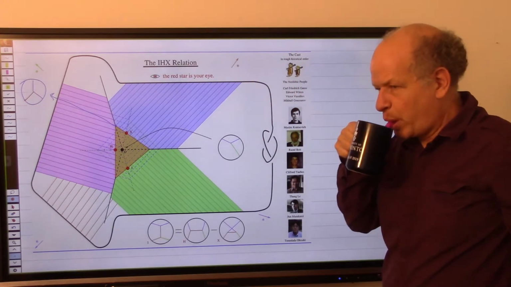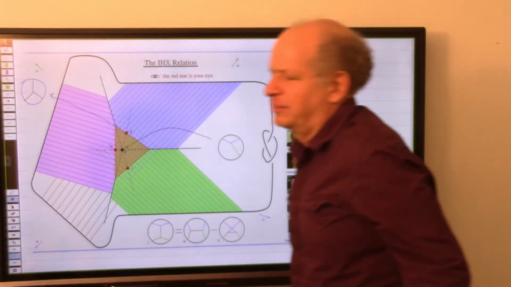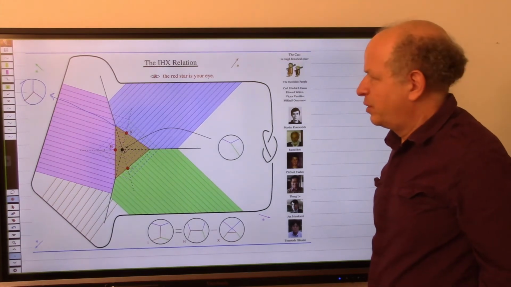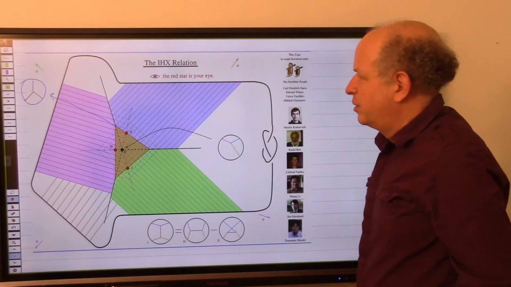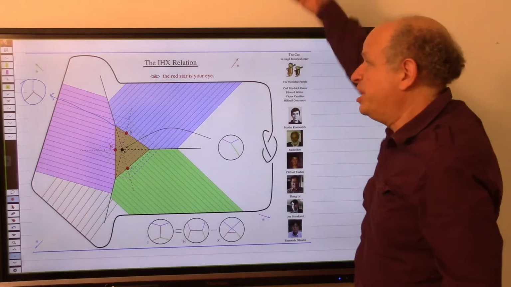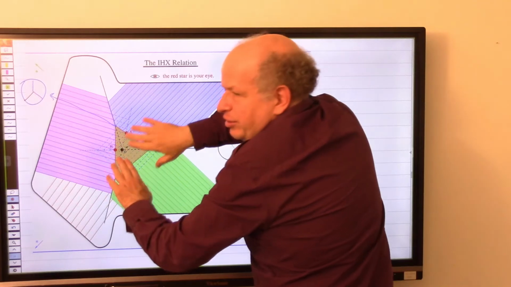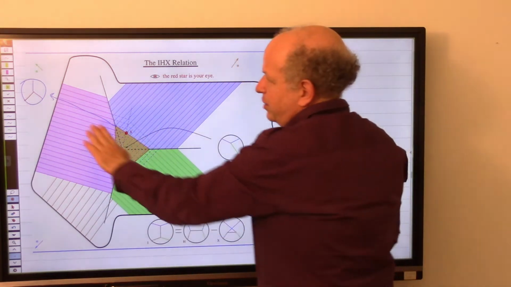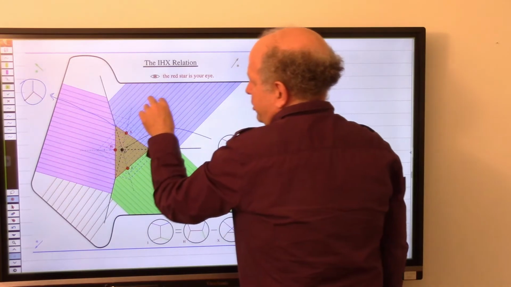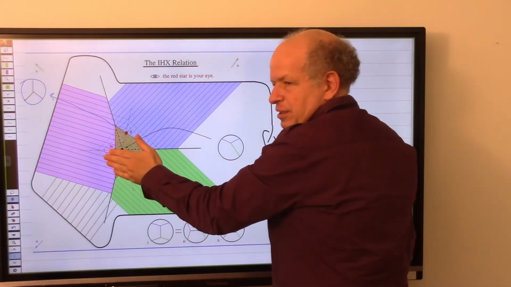Yes, Leonard? I don't get where the stars are. Are the stars behind the screen? The stars, yeah, the stars are behind. These planes are tilted inwards. The three main planes, the purple, the blue, and the green planes, are tilted in.